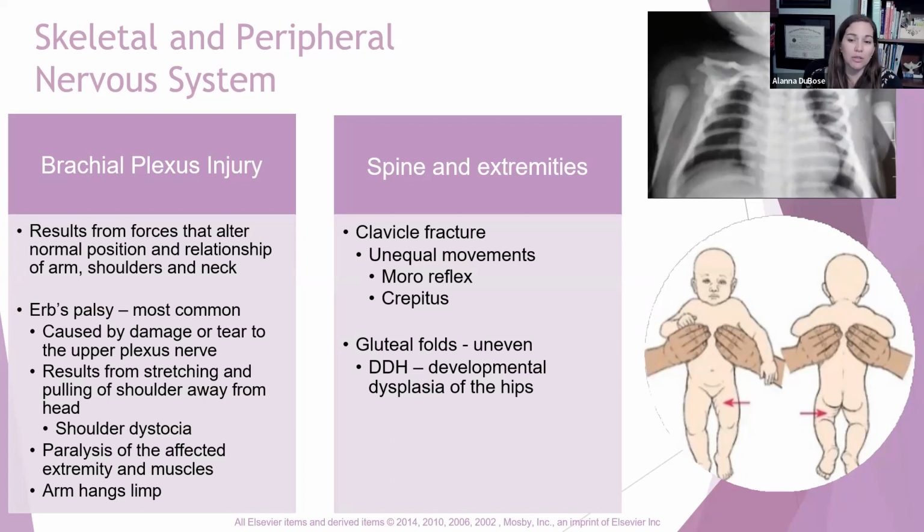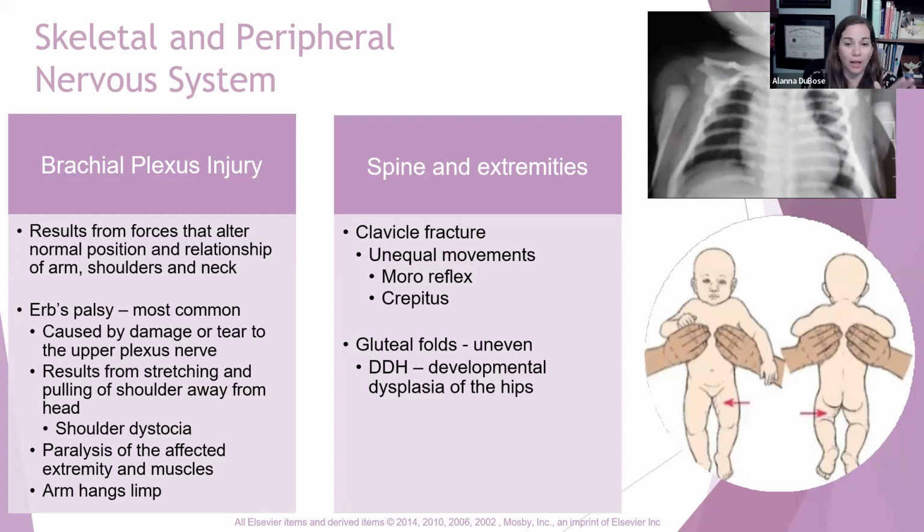And you will also notice unequal movements. So remember, we do the Moro reflex, which is that startle reflex. And if we try to elicit the Moro reflex and one side is not responding, either unequally or not at all, then we would suspect a clavicle fracture.